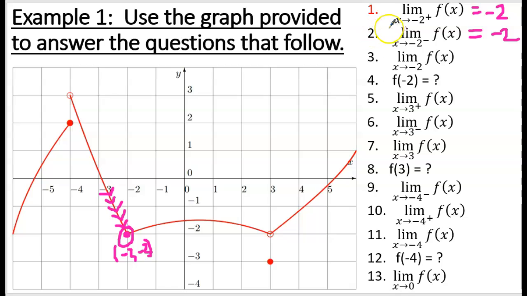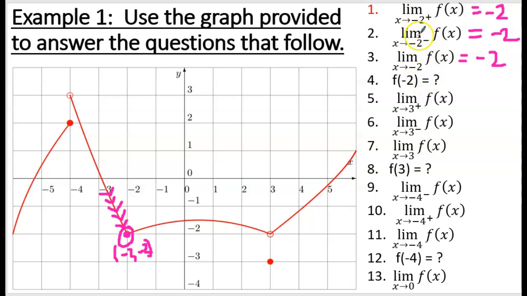But what this indicates, you guys, is that since I'm approaching -2 from the left and from the right, I get the same answer both times. You know what that means? That means the limit exists for that particular point. So compare number 3 to numbers 1 and 2. It looks exactly the same. It's just that I don't have a little plus or a minus after the 2. And that means that we're just talking about the limit.